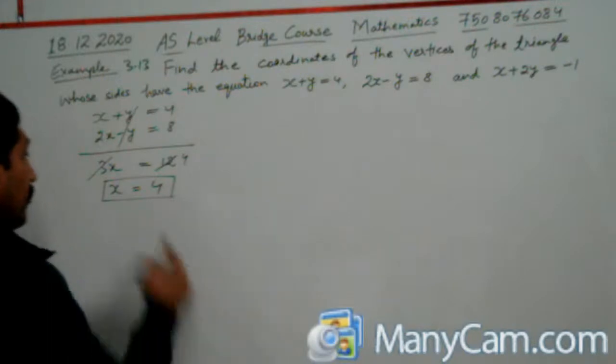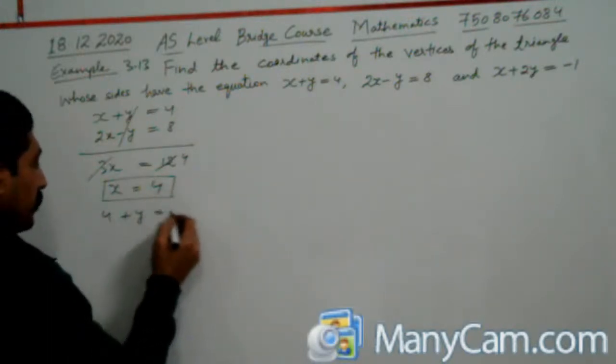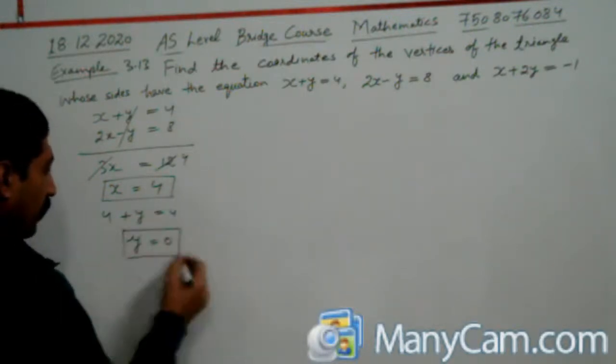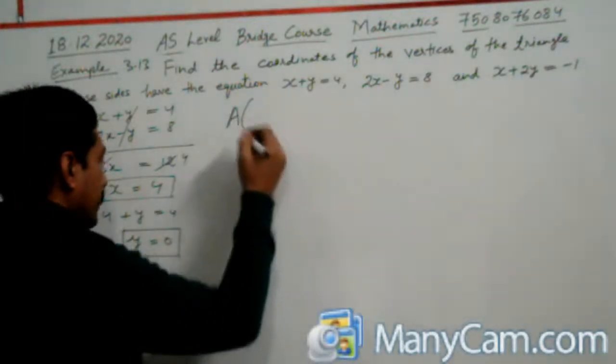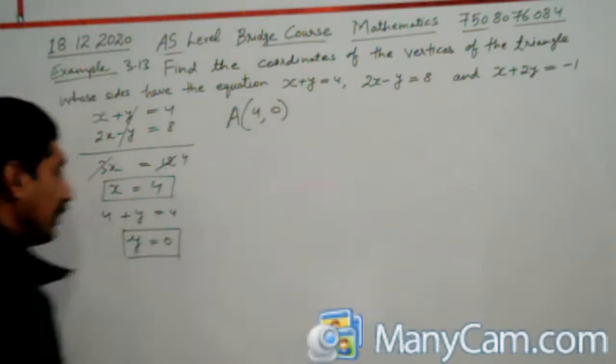Putting x as 4, 4 plus y is equal to 4, so y is equal to 0.